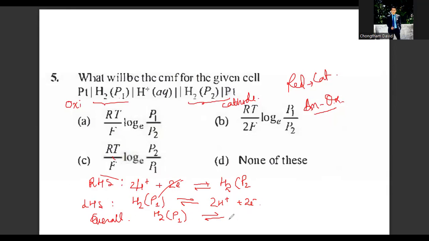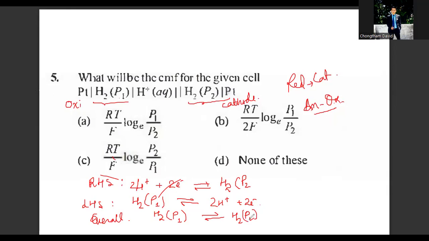So this hydrogen at P1 should now change to hydrogen at P2. This is the overall reaction. I have made a mistake here, let me erase this. H2 at P1 should now be H2 at P2.